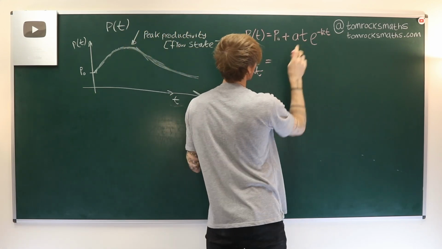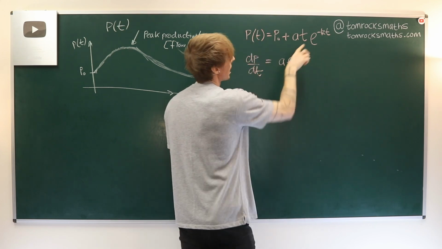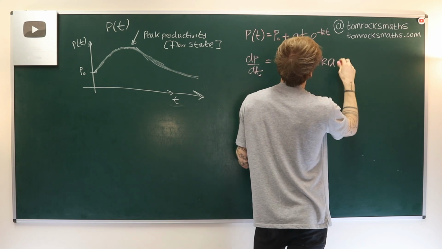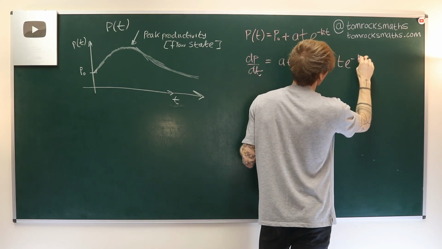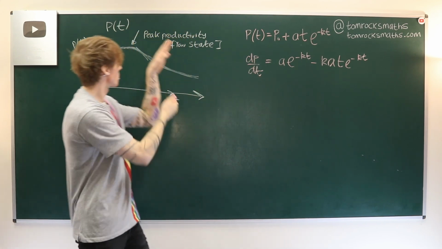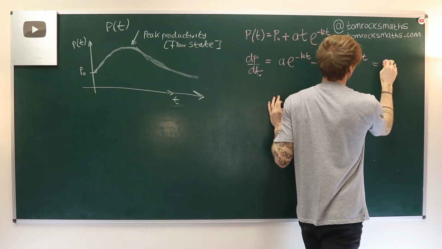But then if we first hit the t, we're going to get A e to the minus kt, and then if I hit the exponential, that's then minus kA. I've still got the t, e to the minus kt. And for our stationary point, for the location of our peak, we have to solve this equal to 0.